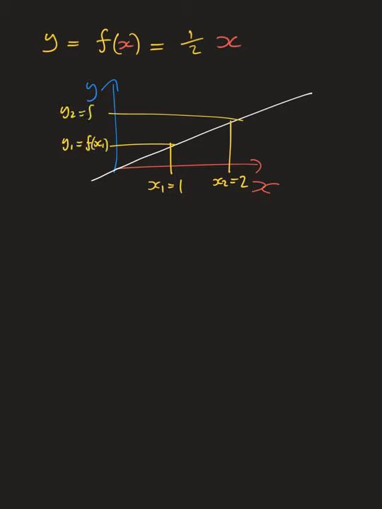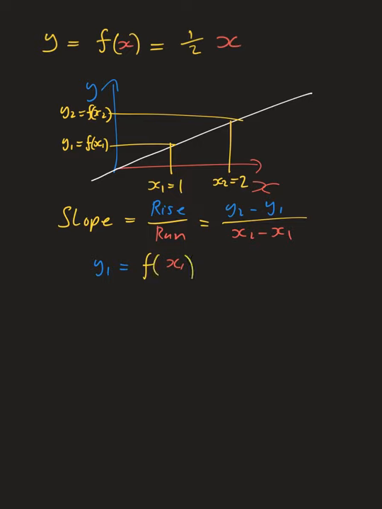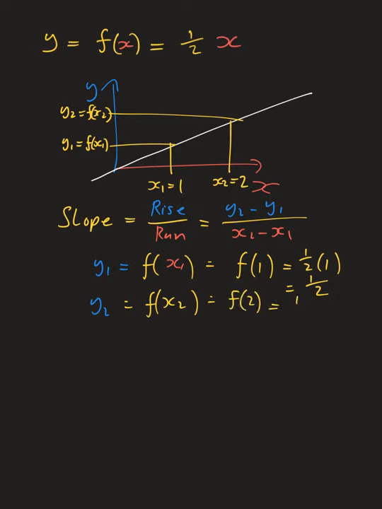So we'll need y1 and y2 from those. y1 will just be f of x1 and y2 will be f of x2, easily calculated. Our slope is going to be, again, the rise over the run, so that's just y2 minus y1 over x2 minus x1. y1 is f of x1, which is a half times 1, so y1 is a half. y2 is f of x2, which is a half times 2, which is just 1.